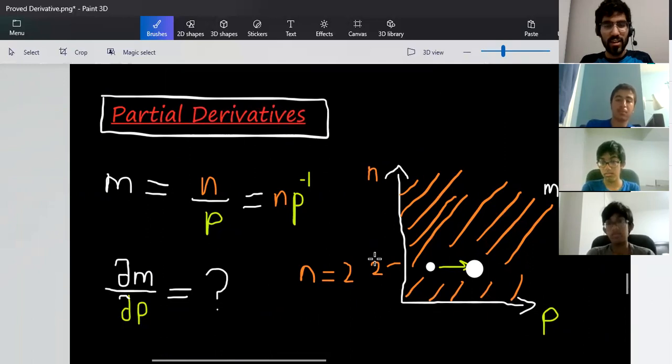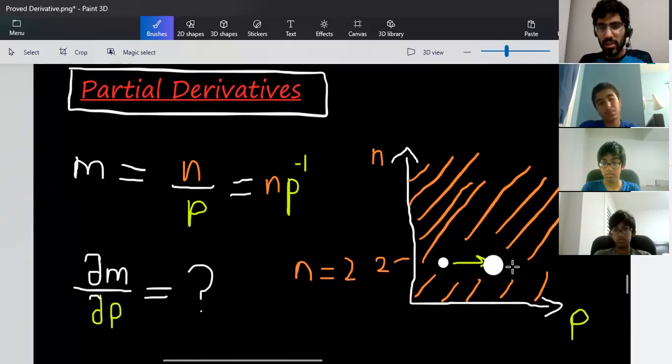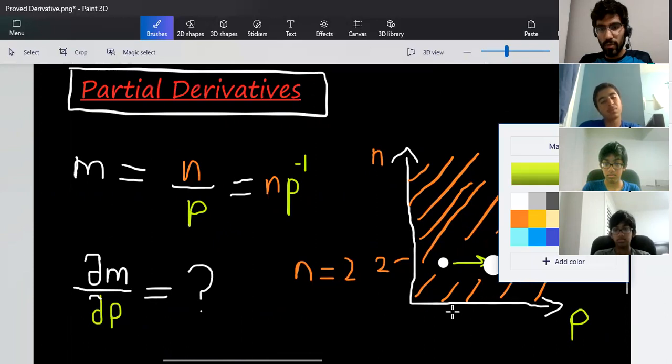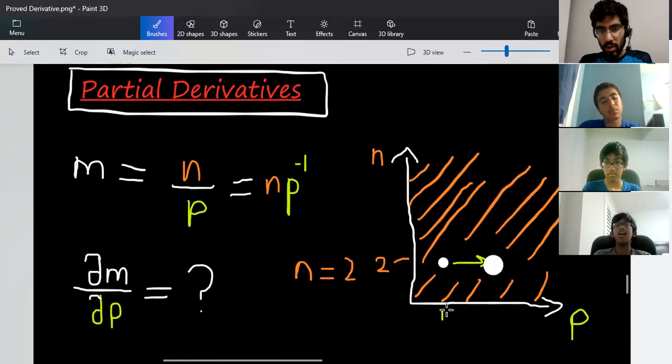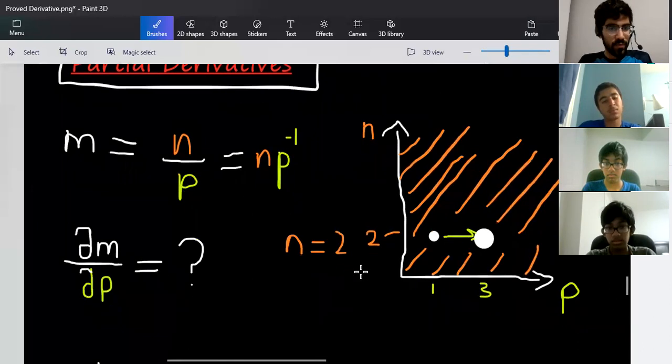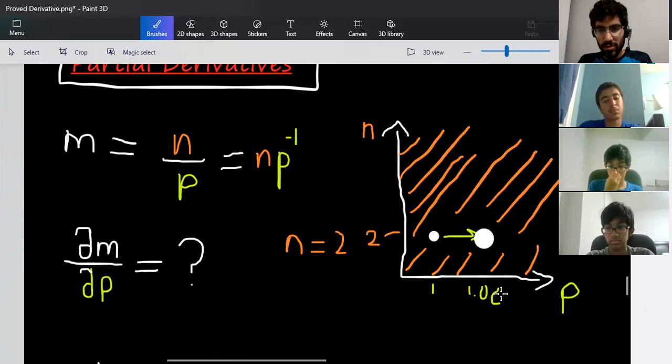We set n equal to 2, for example. Then we can isolate the effects of p. What happens when we move from this value of p, say 1, to this value of p, say 3? Or if we look at even tinier changes, 1 to maybe 1.0000001.